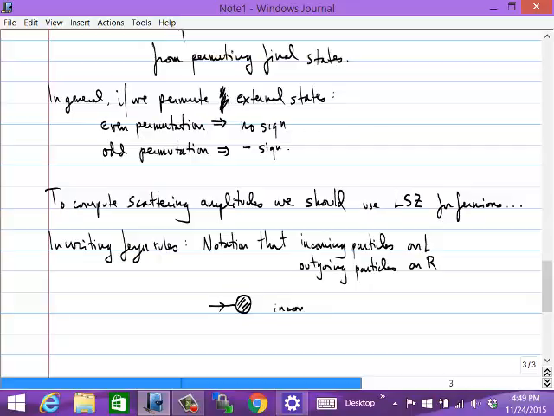So this would be an incoming, say, electron, if we were studying a theory of electrons and positrons, whereas an incoming positron would be denoted by a leg that's coming in from the left as well, but now with the charge arrow reversed. This charge arrow just denotes the direction that charge is flowing, remember, not necessarily the direction that particles are moving.